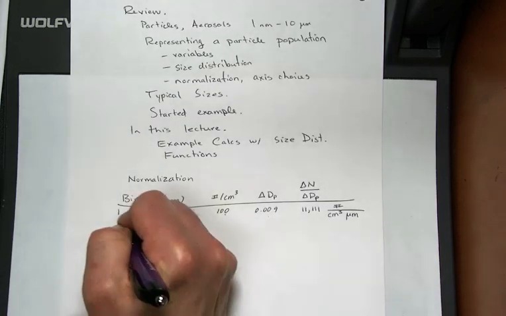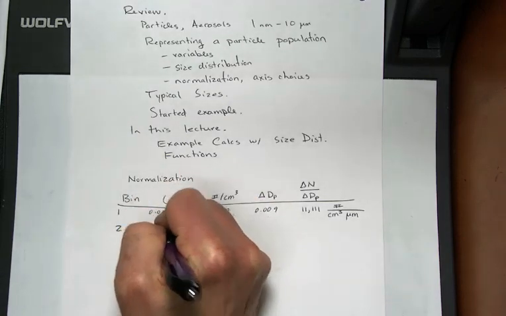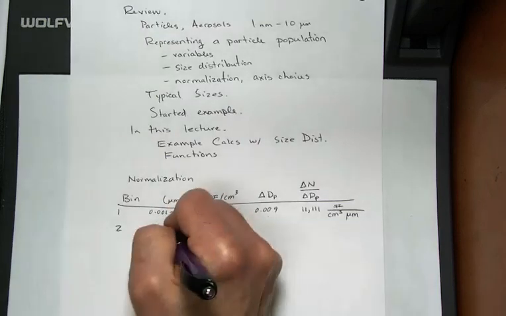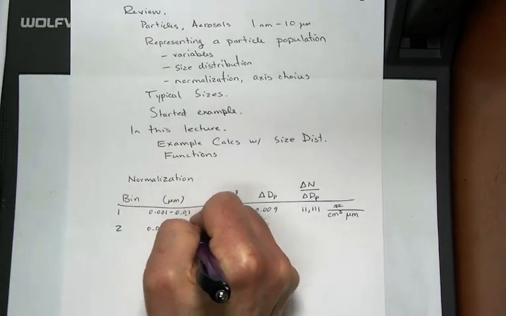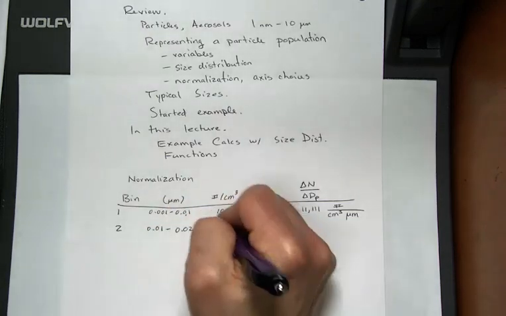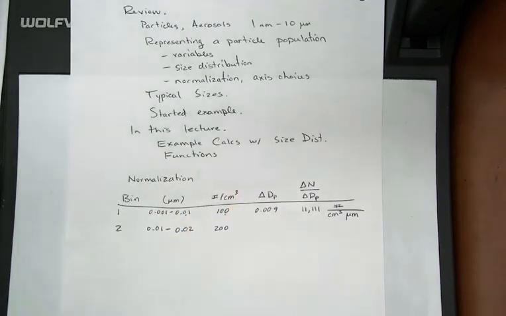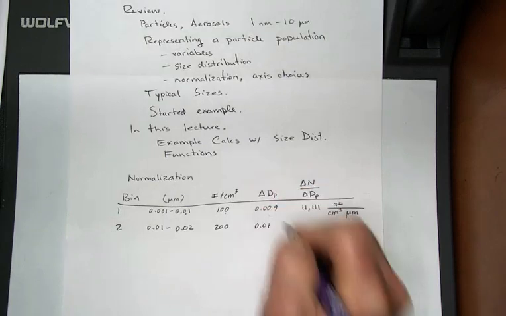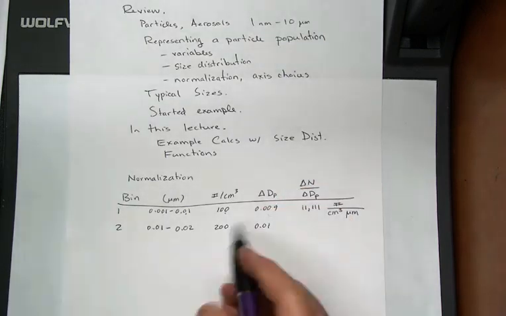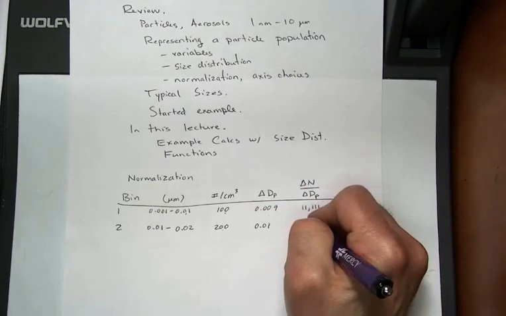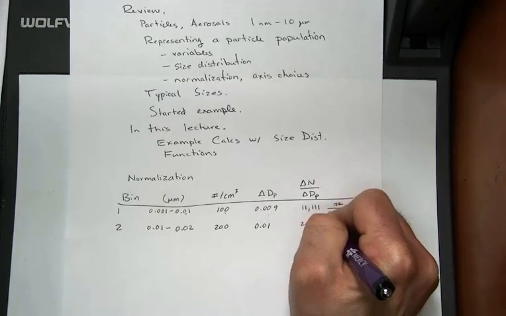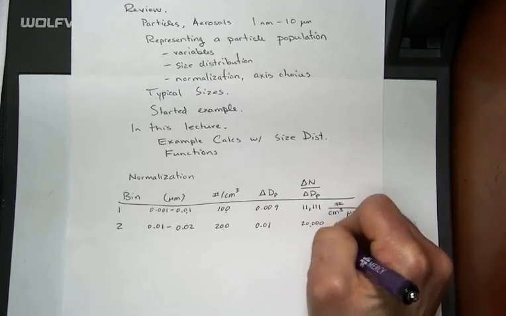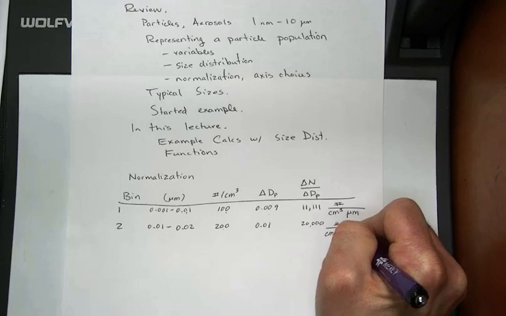Bin 2 ran from 10 nanometers to 20 nanometers, had 200 particles per cubic centimeter. The bin width was 0.01 micron. Then I take that divided by that, I get 20,000 number per cubic centimeter per micron.